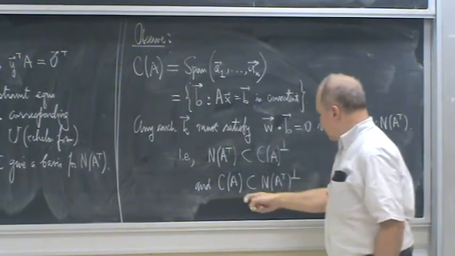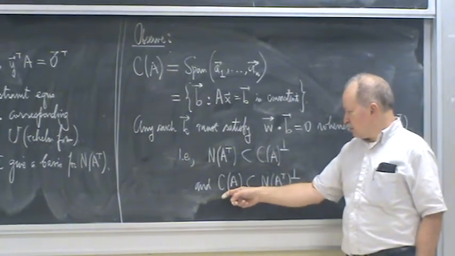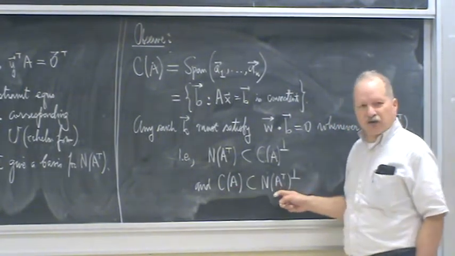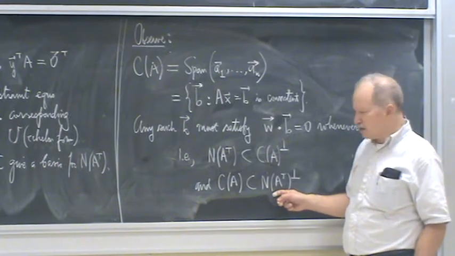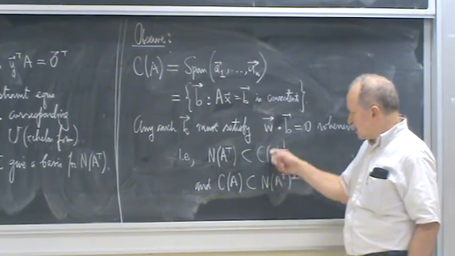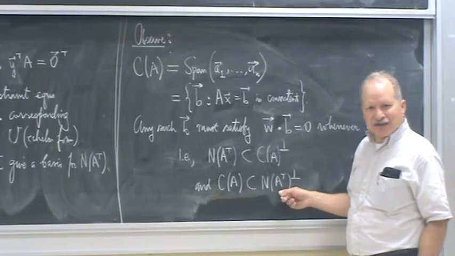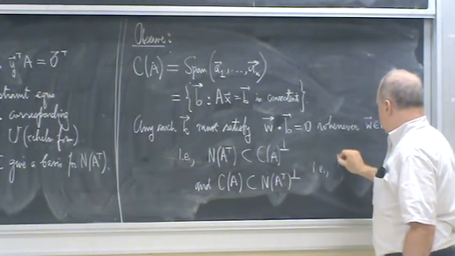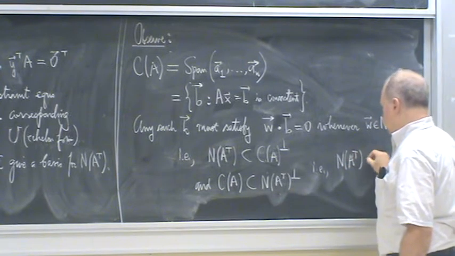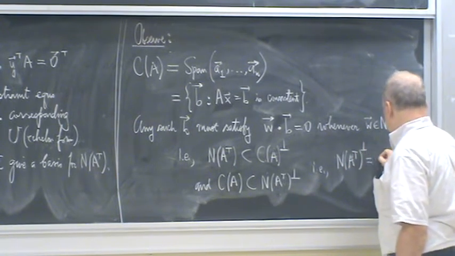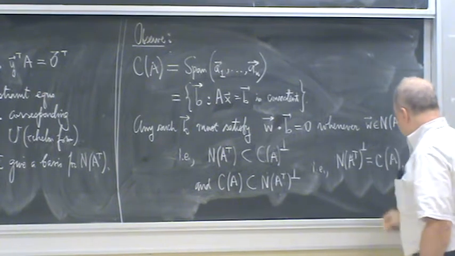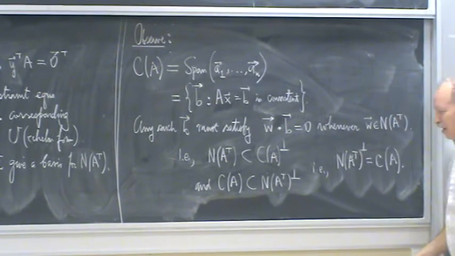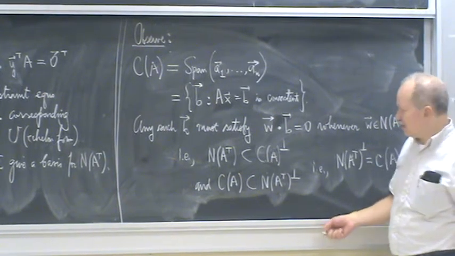You're saying if I take any vector in the columns, that's in the span of the columns, it has to be orthogonal to these vectors that give the constraint equations. So you're suggesting now that these are actually the same subspace. I was going to do it in a sneakier way, using what we just did about dimension.